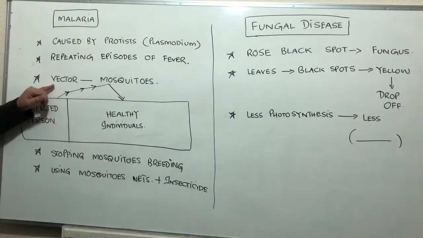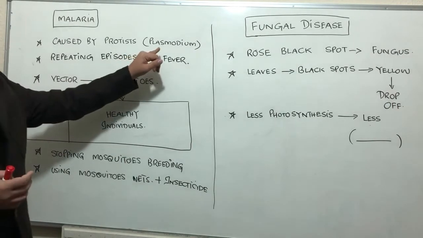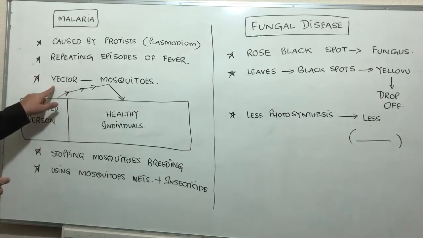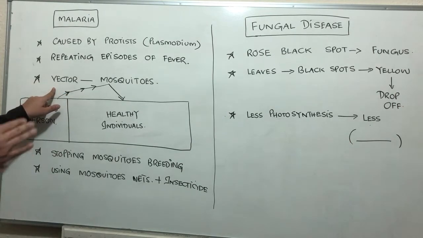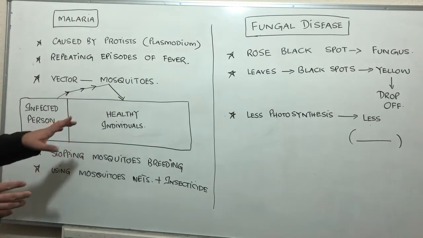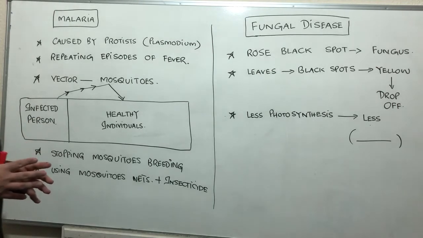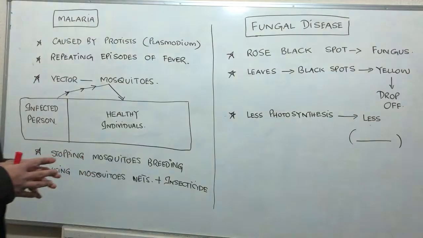So the mosquitoes are the vector of Plasmodium. It means they carry Plasmodium from one individual to another individual, but they themselves are not infected by the disease. So the spreading agent of the disease of malaria are mosquitoes.